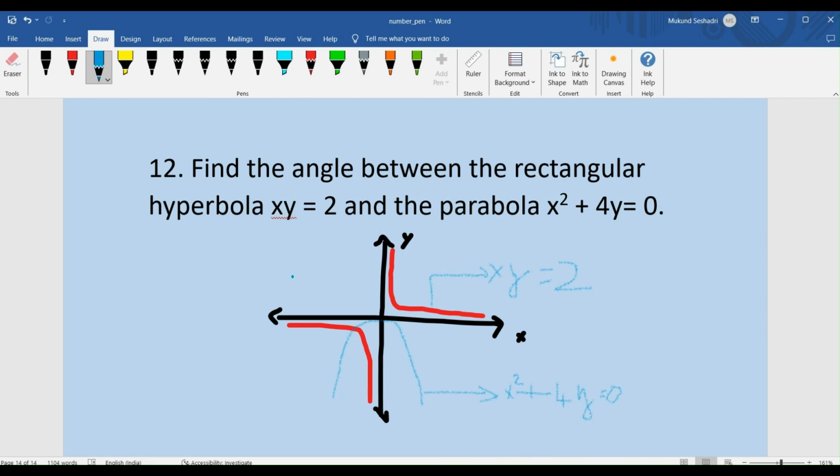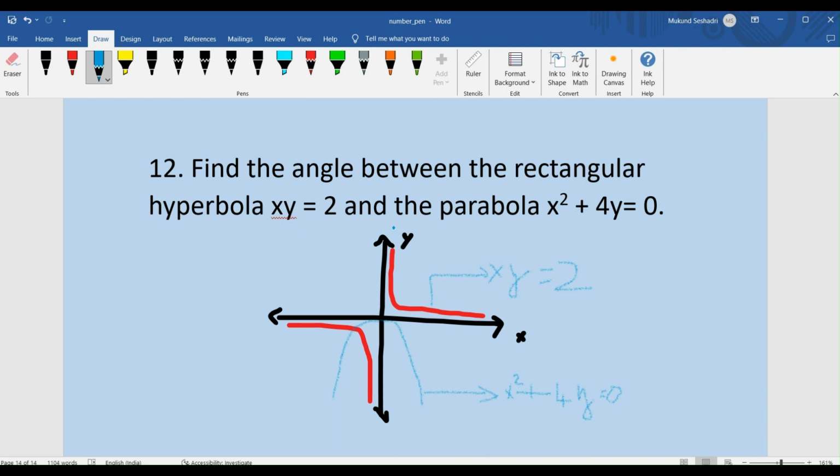The other point is whenever x equals 0, y tends to infinity, and whenever y equals 0, x tends to infinity. So that is why you see these curves extending up to infinity.